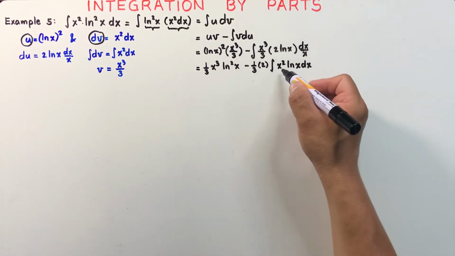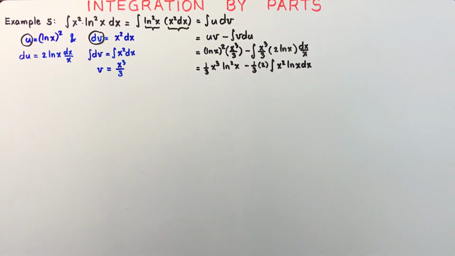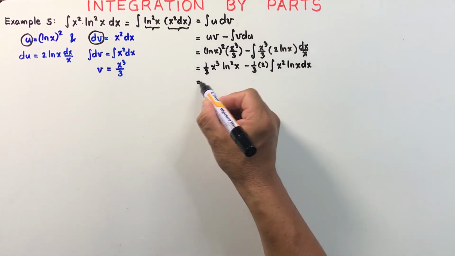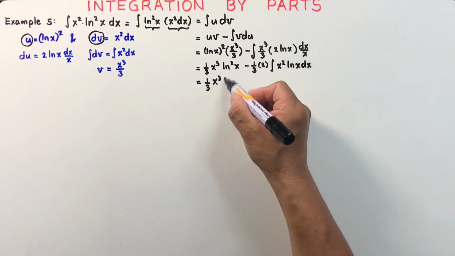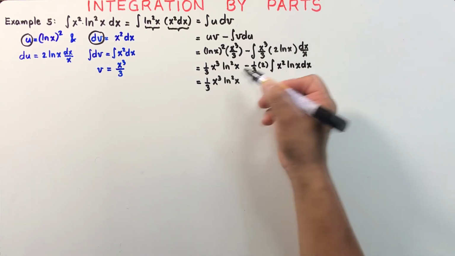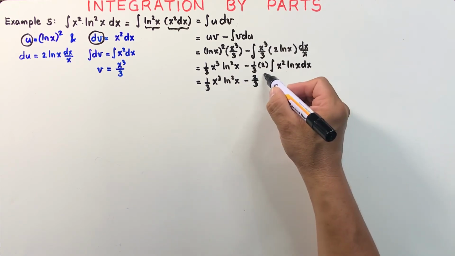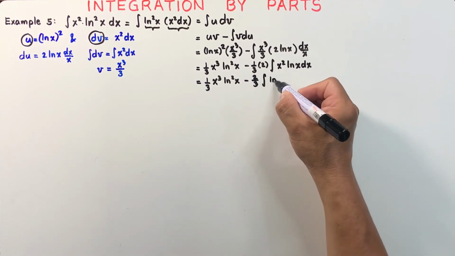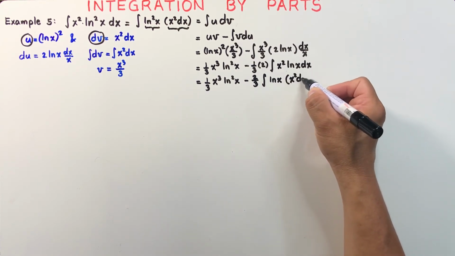So what remains is x squared ln x dx. So we have 1/3 of x cubed times the square of ln x minus 2/3 times the integral of ln x times x squared dx.